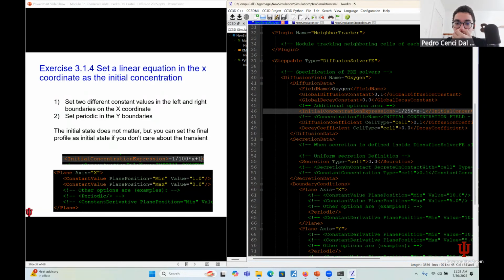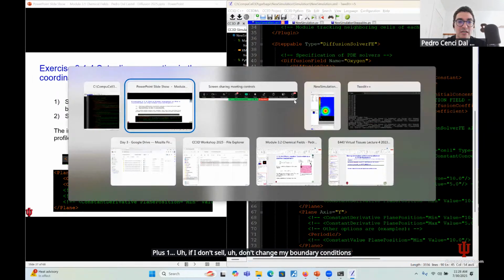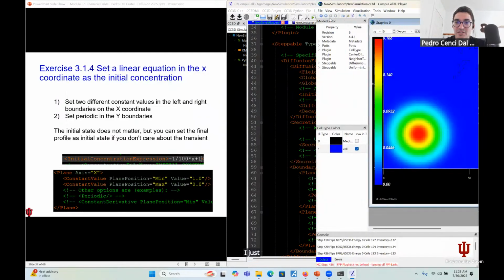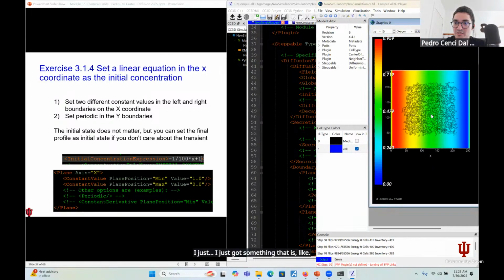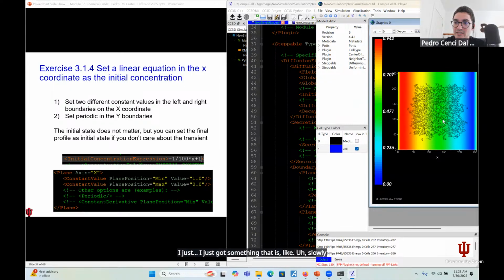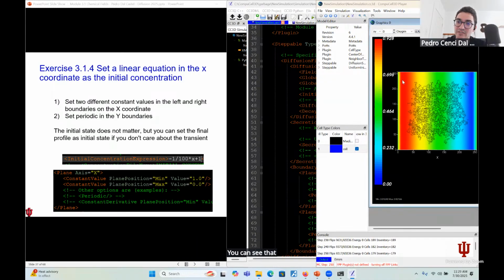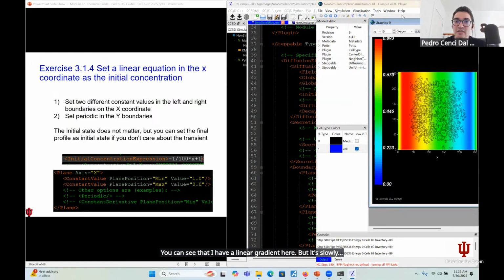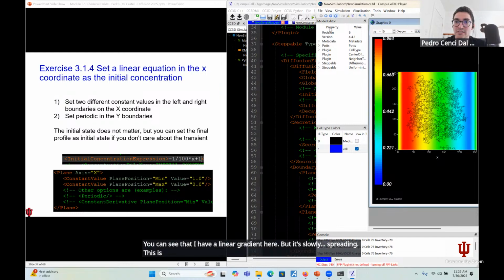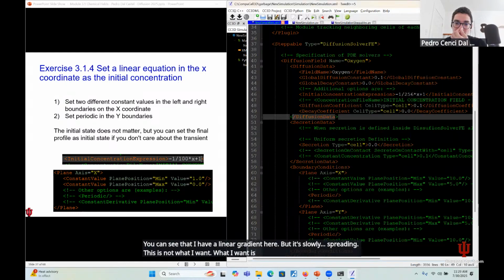If I don't change my boundary conditions, I just get something that is slowly equilibrating from the sides. You can see that I have a linear gradient here, but it's slowly spreading. This is not what I want. What I want is that the linear field is static.